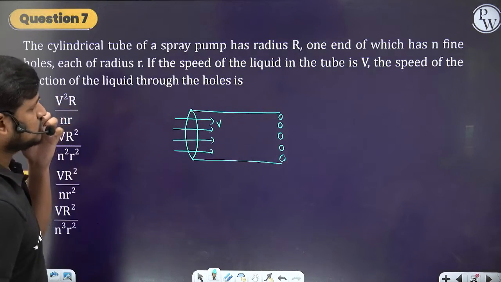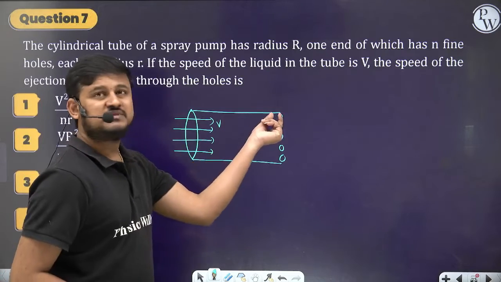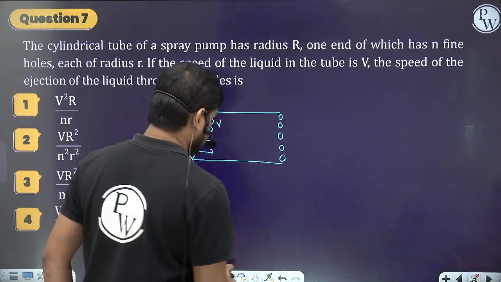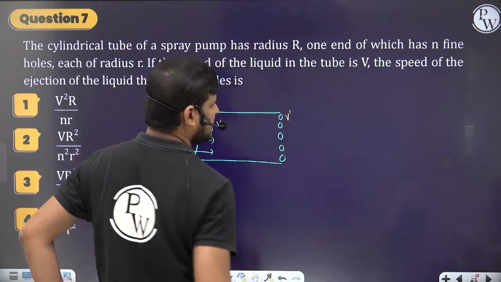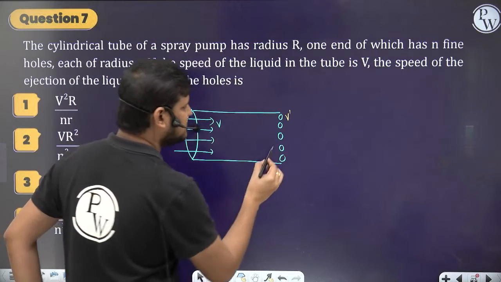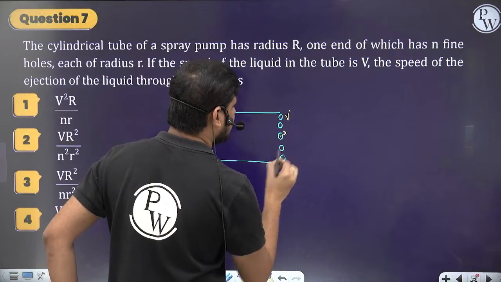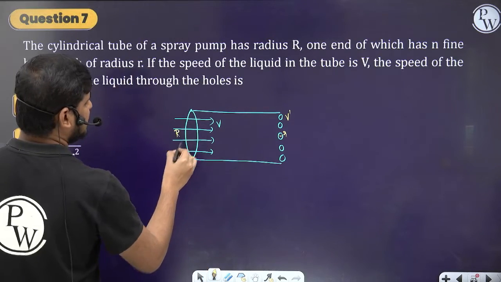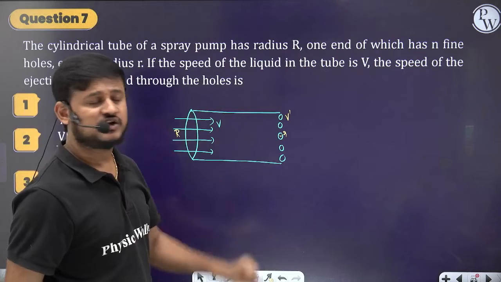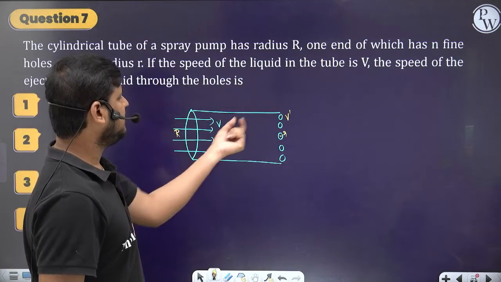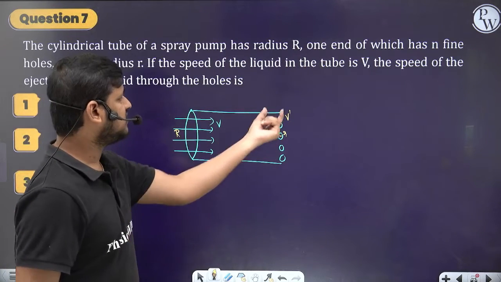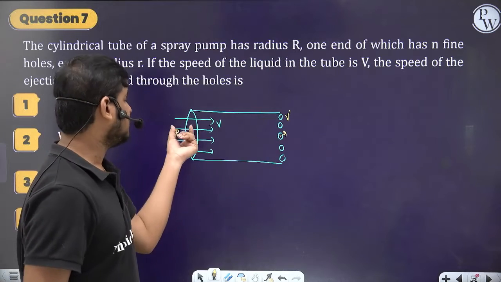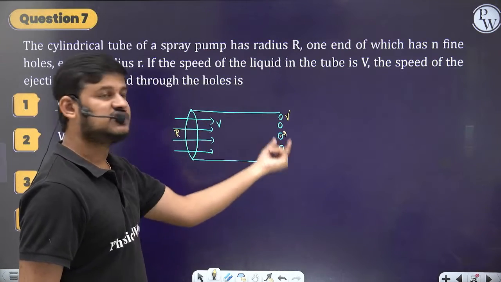So what is the speed from each hole? That's what they are asking. So let the speed from each hole be V dash, and the radius of each hole is small r. The cylindrical tube has radius r. So the equation of continuity you can apply. The cross sectional area into velocity is equal to the cross sectional area into velocity here.